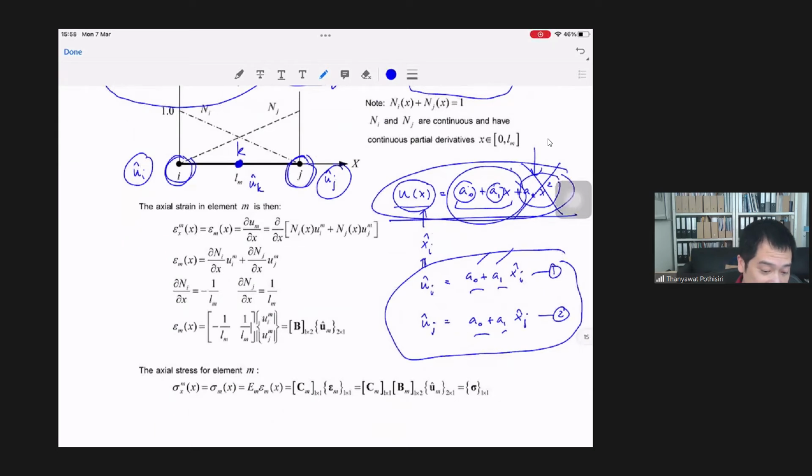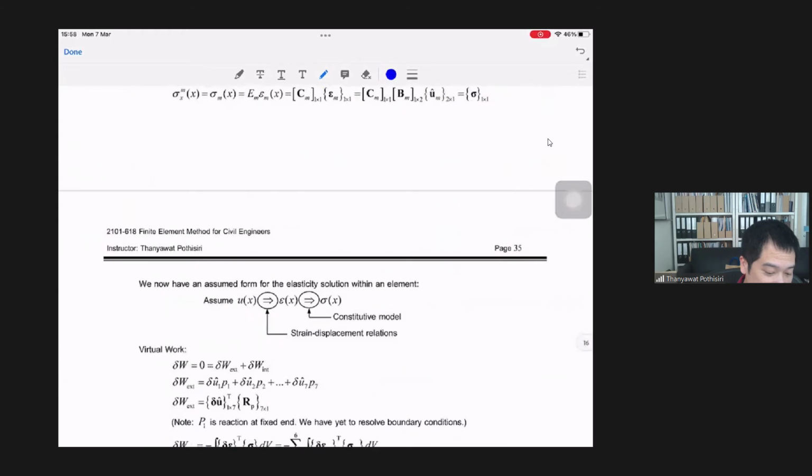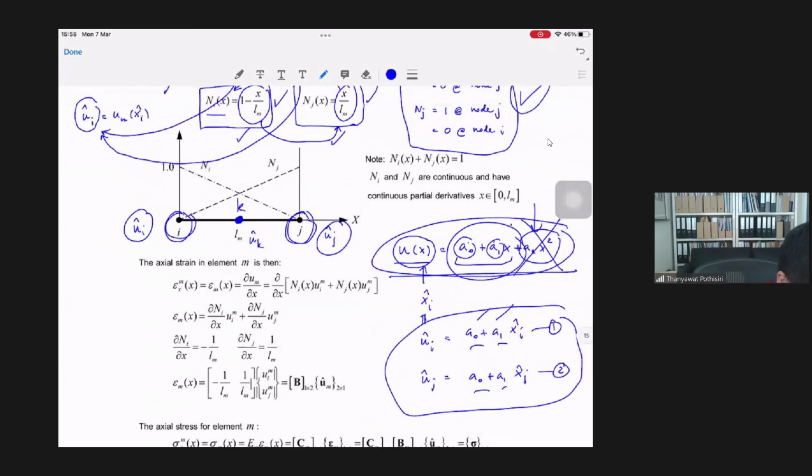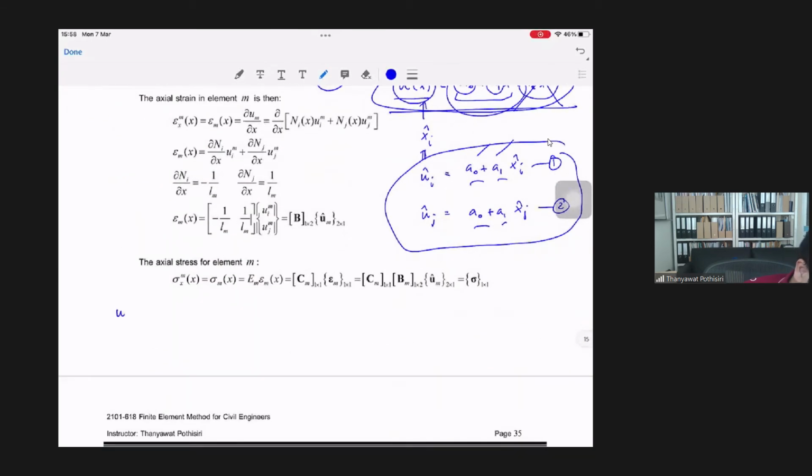So I can write my N function. In this case, the displacement u^m can be approximated by Ni, which is a function of x, multiplied with Nj, also a function of x, and multiplied with û_i and û_j.